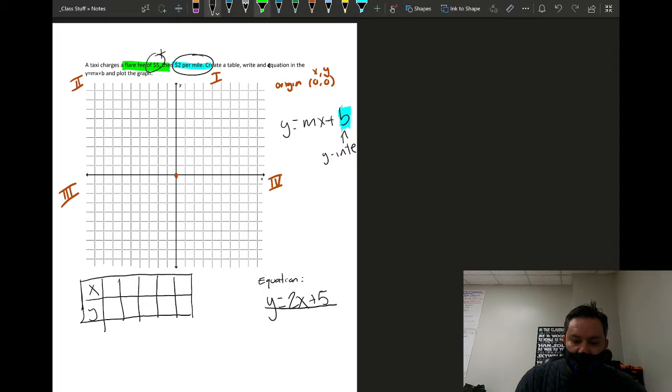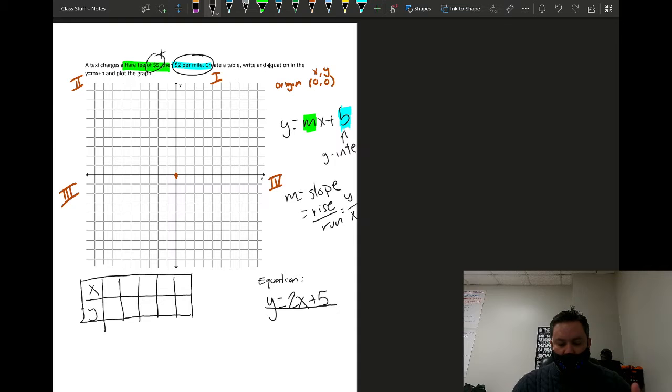Y-intercept. And then we also need to know m. M is going to be the slope, which is gonna be the rise over run, which is the y over x, okay? Those are the two things that we need to know.